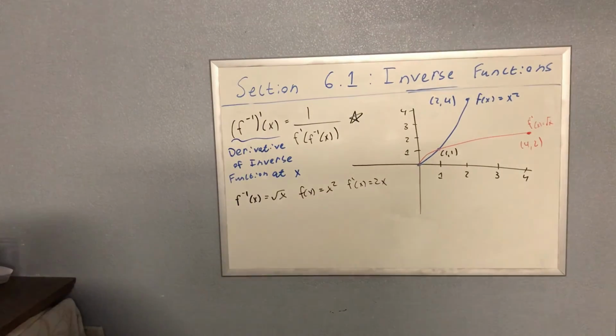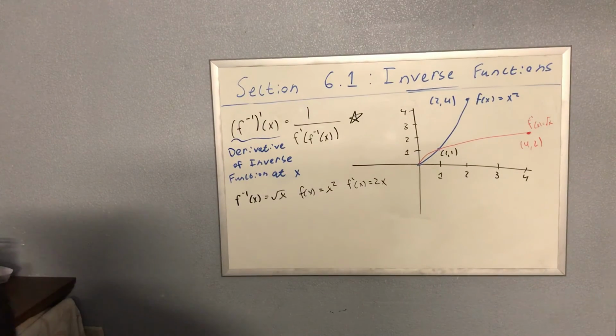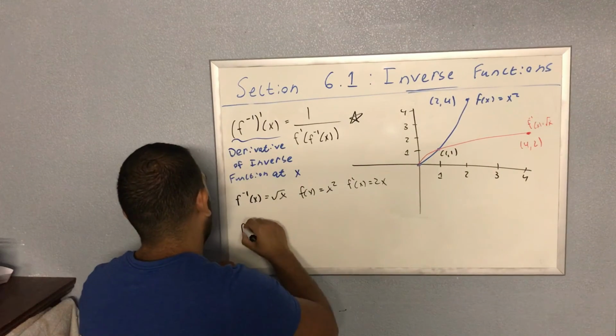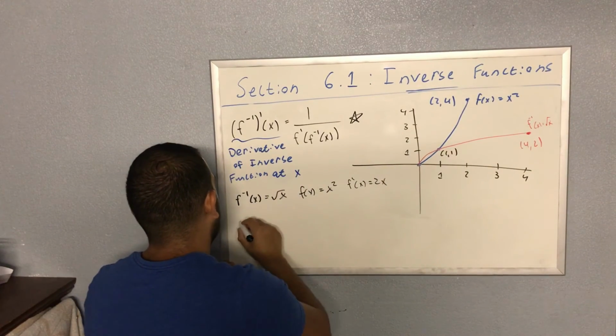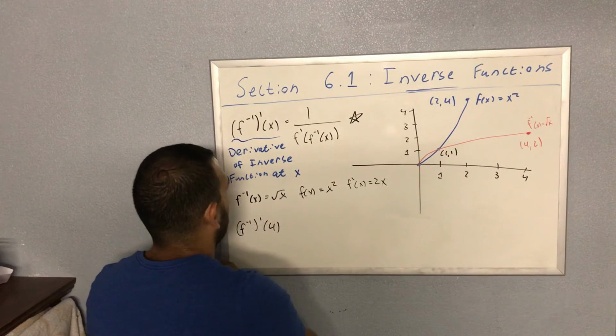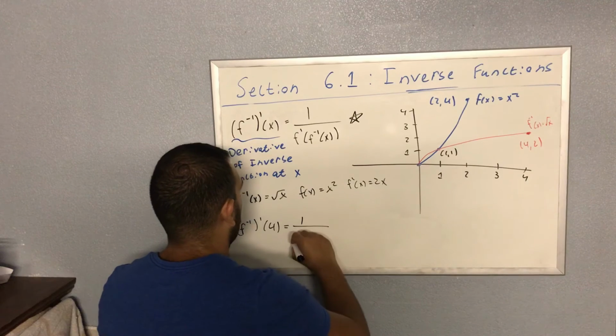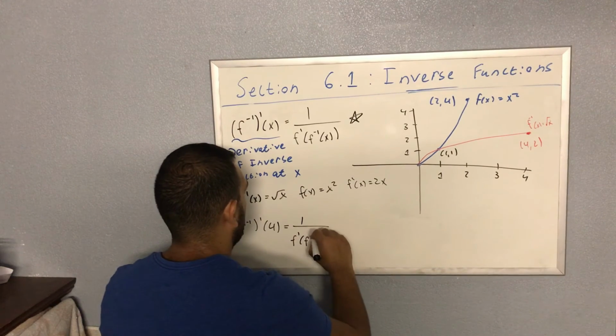Let's see. Now we can stick with this guy. Say you want f inverse prime at 4 now instead. So this would be 1 over this guy.